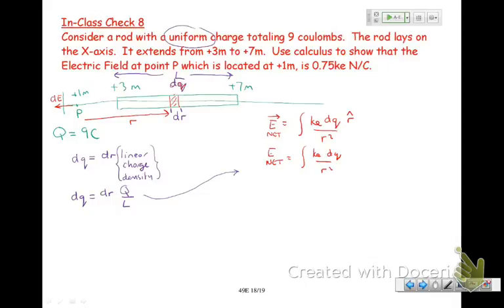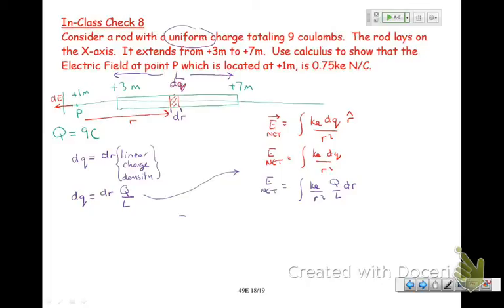And I say, well, E net is equal to the integral of k_e over r squared, and then I put down Q over L dr. Oh, now I'm getting somewhere, because I can do 1 over r squared with respect to r. I know how to do that.